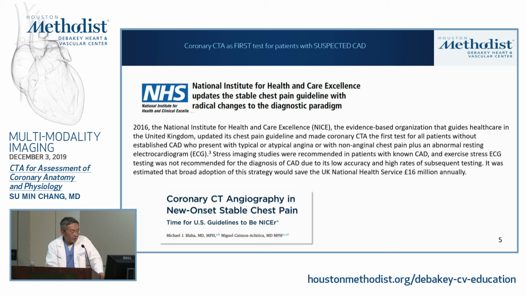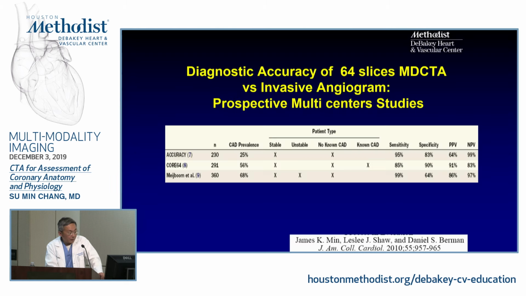So the point is some of the prominent cardiologists, like Dr. Blaha from Johns Hopkins, have this editorial about coronary CTA and new unstable patient. It's time for US guidelines to get to be nicer. So what leads all these Europeans and British to change their approach in assessment of patients with suspected CAD?